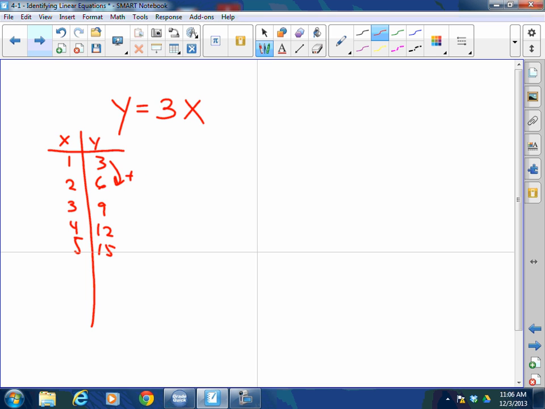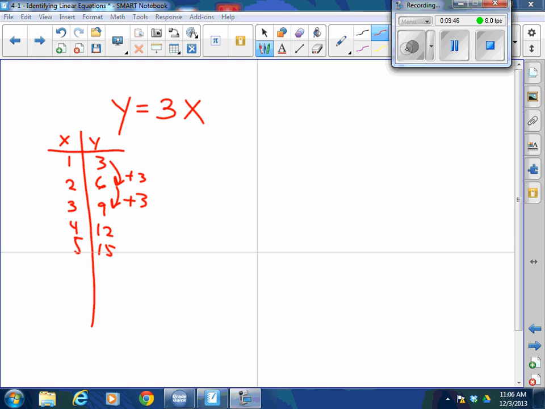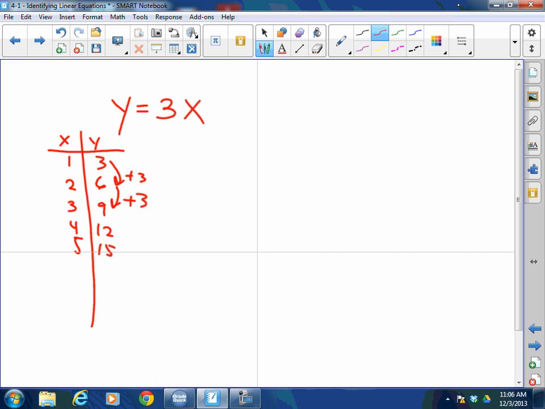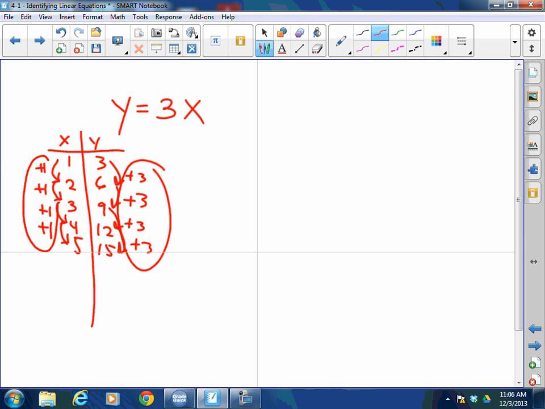Am I not increasing by plus 3, plus 3? Okay. And from 9 to 12, I increase by 3. From 12 to 15, I increase by 3. For my x's, I increase by 1 each time. Now, these over here are the changes in y. These over here are the changes in x.